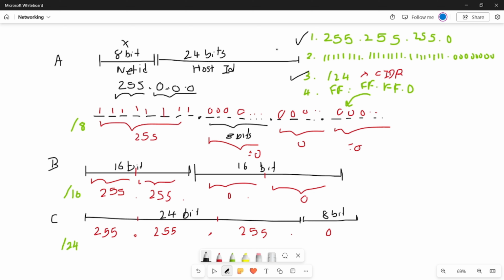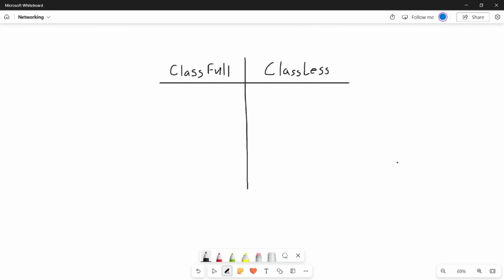So there are some small concepts to discuss before moving to some problems. The other thing we have to discuss is classful addresses and classless IP addresses. So we have two different types, classful and classless.